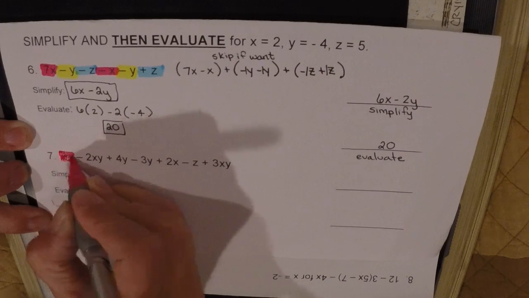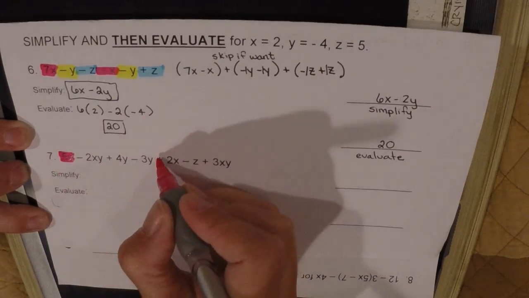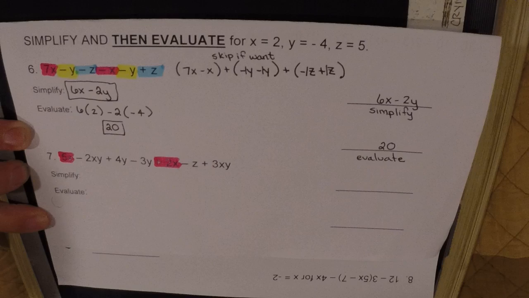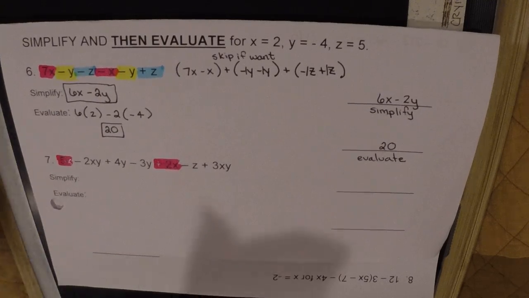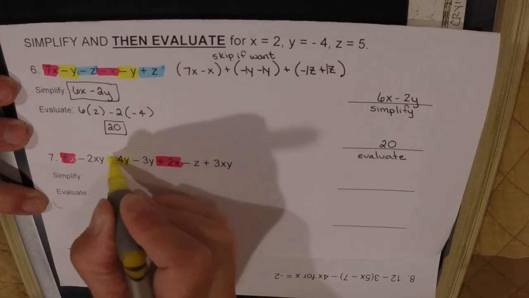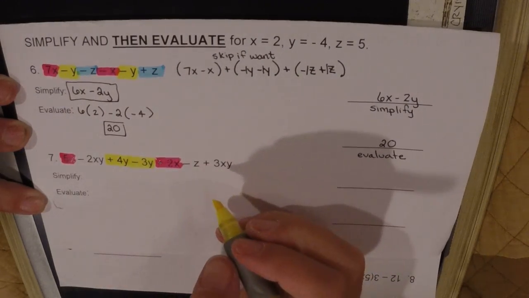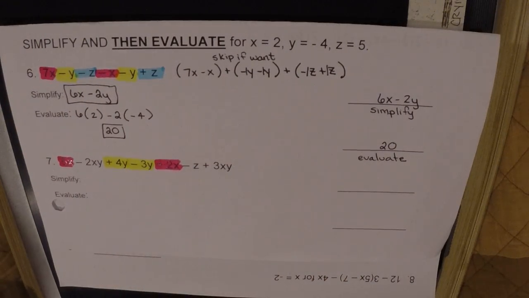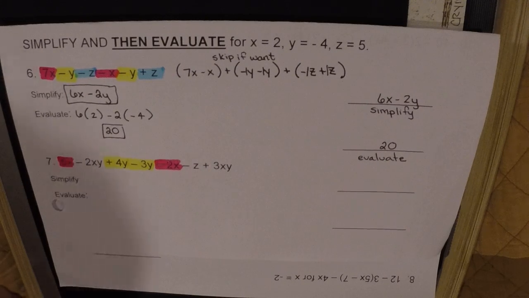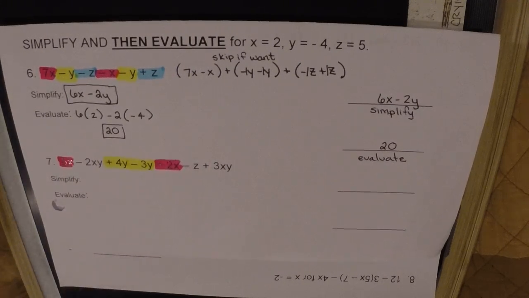So this is 5x. So if we scan through, here's an x. Then we would have a y. So here's plus 4y minus 3y. That's it. Okay. Again, notice that I'm highlighting the signs that are in front of the numbers.